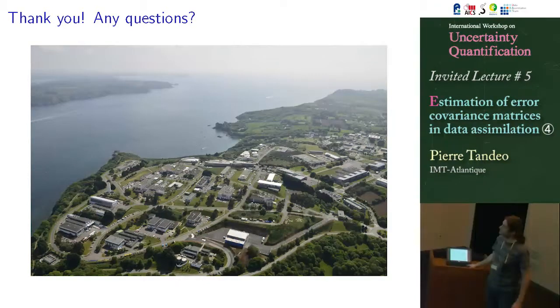I don't know, Takemasa, because you estimate the inflation factor, did you try to estimate directly the Q matrix instead? No? Okay. We assume that there is no Q. Yeah, you assume in this case that there is no Q, no random process.